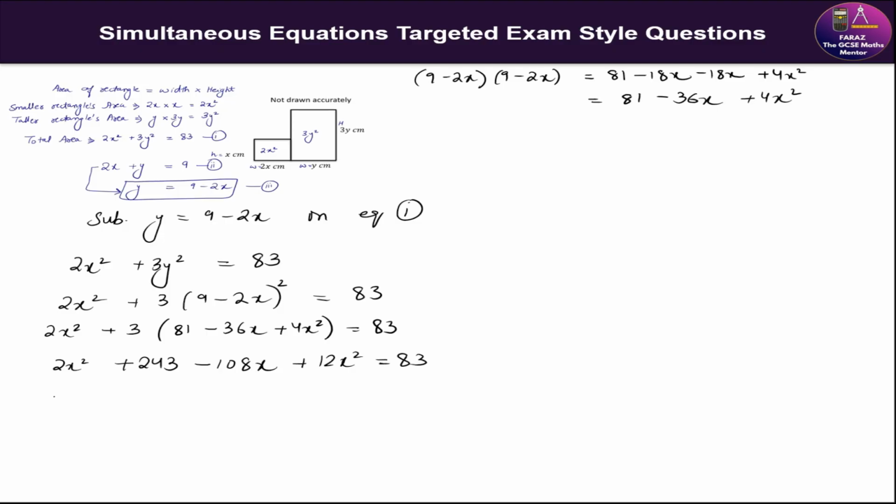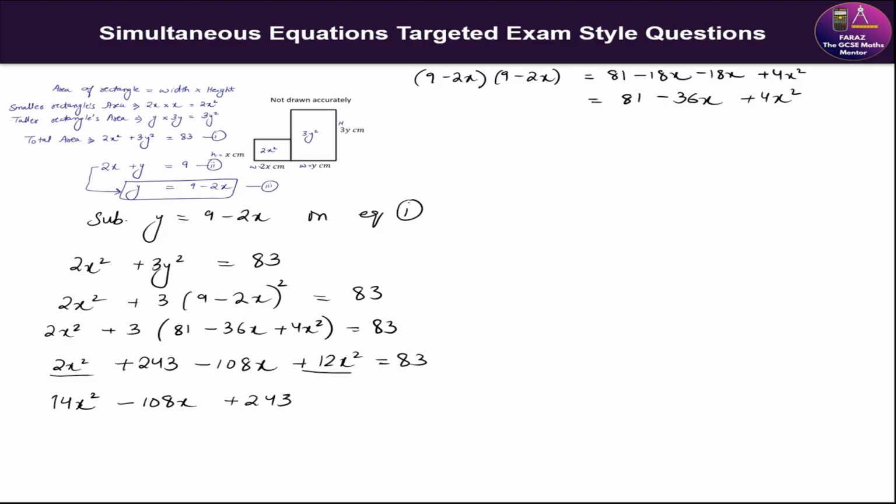Solving it further, you can add 2x squared plus 12x squared together. It will give you 14x squared, and first write negative 108x and then plus 243.